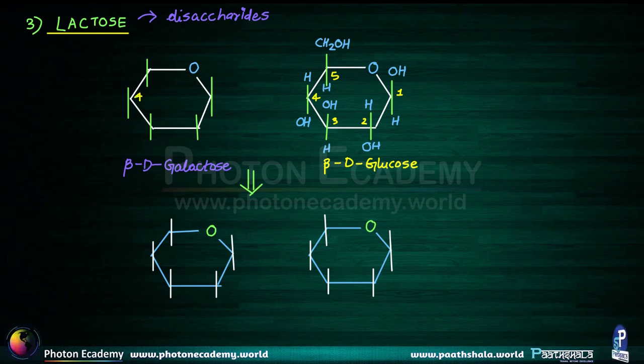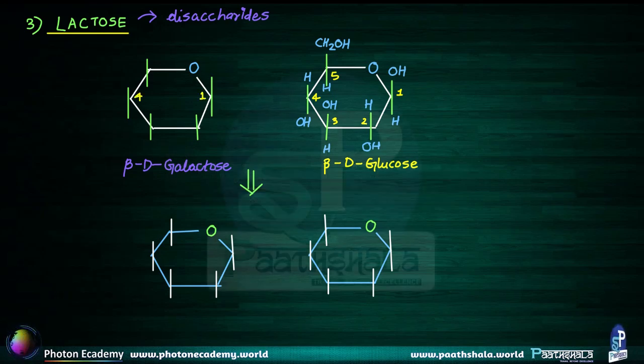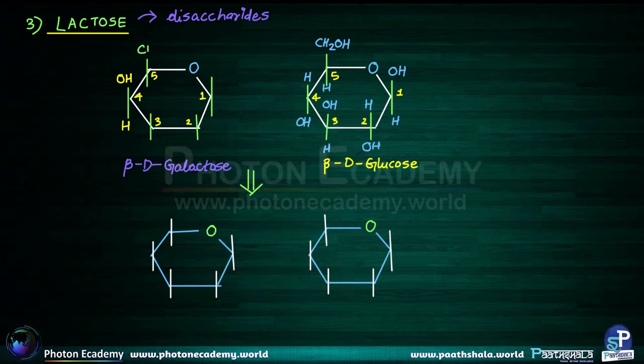Numbering from 1, 2, 3, 4, and 5, at the fourth carbon the placement of OH and H are different than beta D glucose, and the rest of the structure looks exactly the same. So we have CH2OH over here, H over here, OH over here, H, H, OH, and since it is beta, the first and the second OH will be trans to each other.